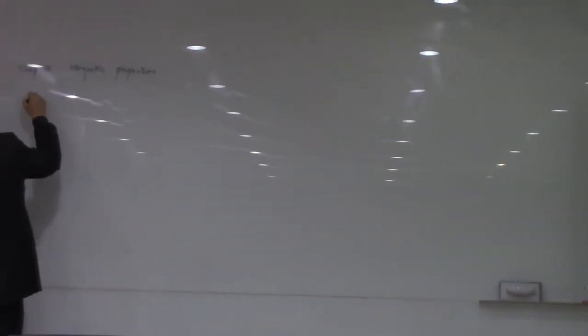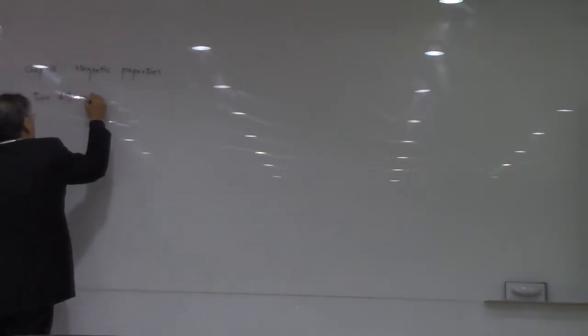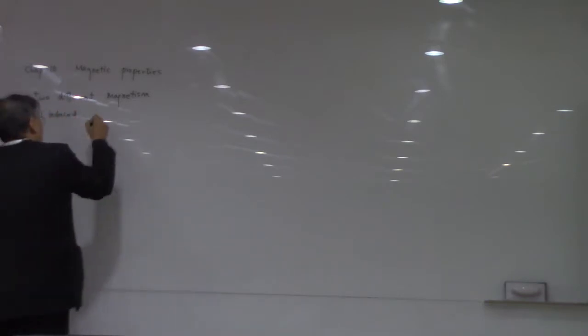Okay, two different magnetism. One is induced magnetism, and this is the material which shows a magnetic property only when the external magnetic field exists.